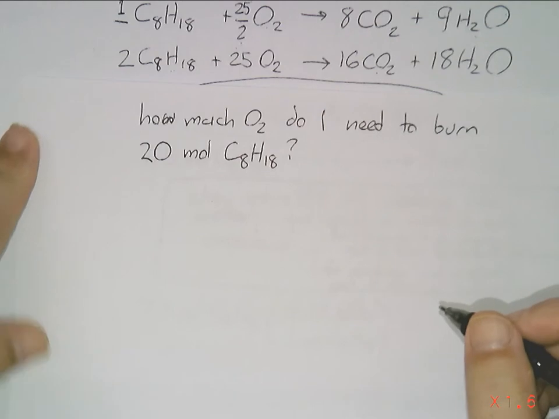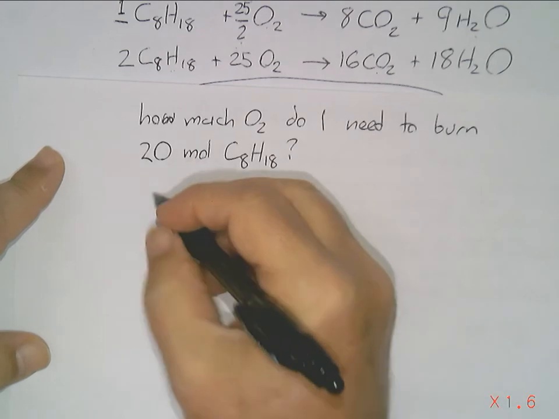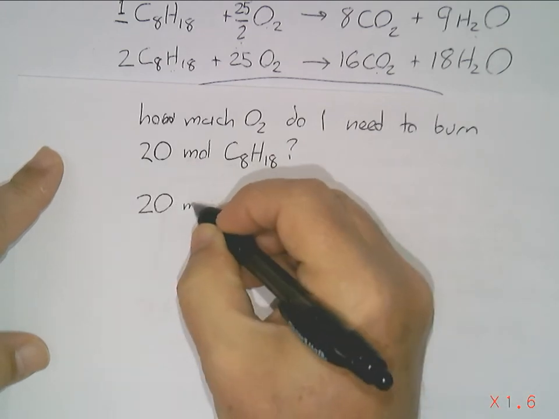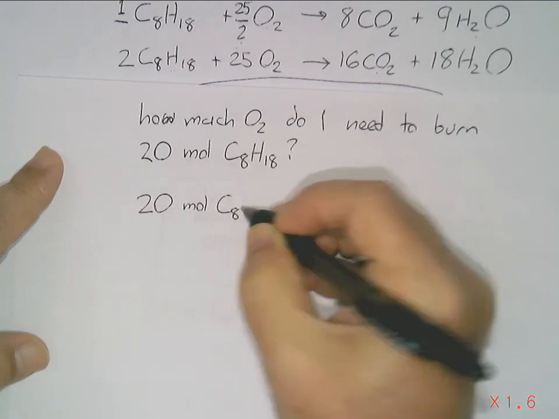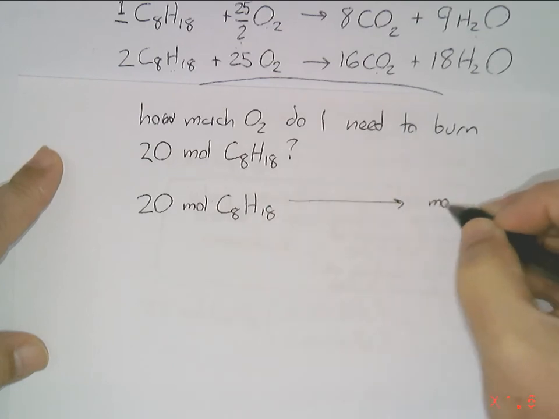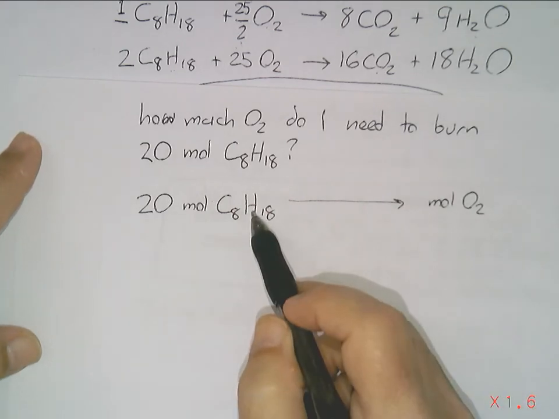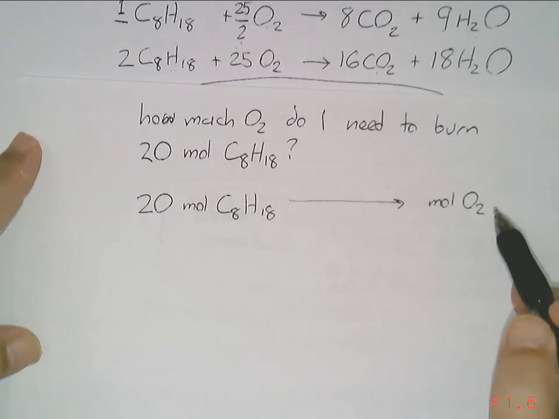All right, let's figure out how many moles of O2 that I need. If I have 20 moles of C8H18 and I want to get moles of O2, I say to myself, okay, I'm converting one substance into another.